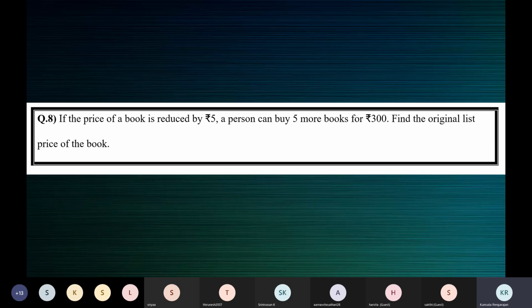Supposing the cost of one book is 50 rupees, then 300 by 50, the person can buy 6 books. But if the cost of one book is 60 rupees, then the person can buy 5 books.